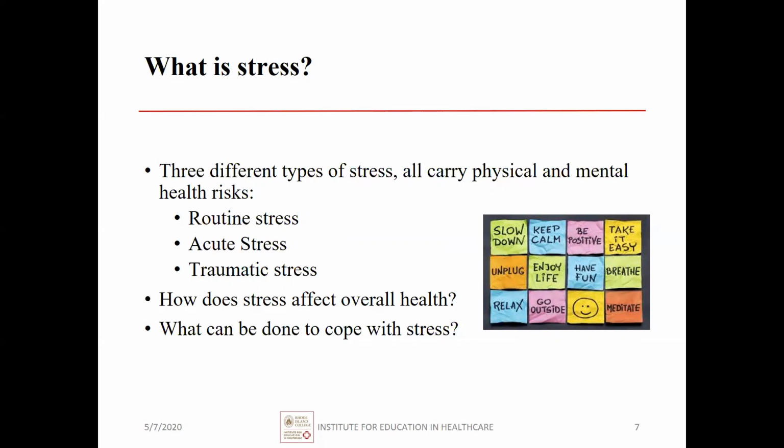We see acute stress, which is the result of something happening in the moment, shorter term stresses, such as the birth of a baby, which changes the whole family system, or the loss of a job, which has the ability to both socially, emotionally, and economically impact an individual and or family system. And then we see things like traumatic stress, which can have its etiology in our childhoods, where we've experienced a traumatic event, an adverse childhood experience that we bring with us into adulthood.